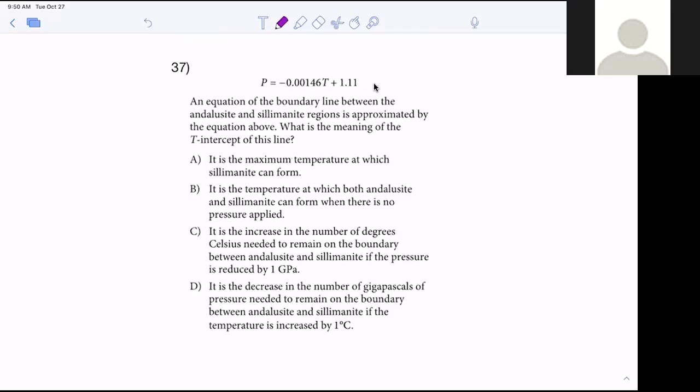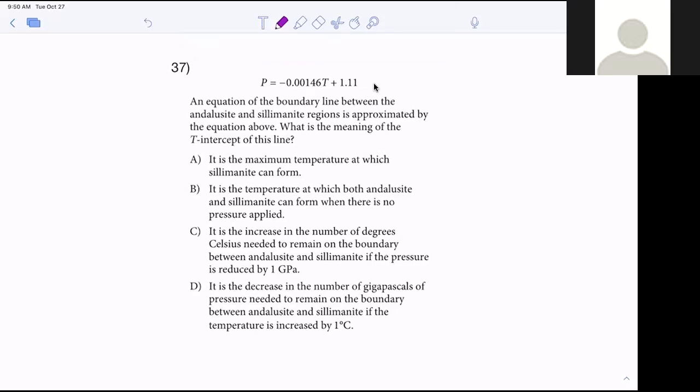All right, here we go. What does T represent, the X or the Y? X. So they're asking about the X-intercept.